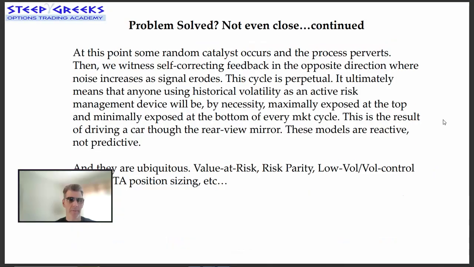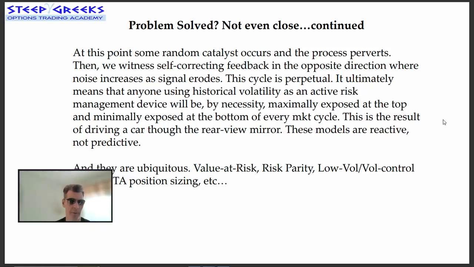So at this point, some random catalyst occurs, and then the process perverts, right? So then we witness self-correcting feedback in the opposite direction, right? Where noise increases as signal erodes, right? This cycle is perpetual, right? You go from little signal to pure signal, to less signal to pure noise.